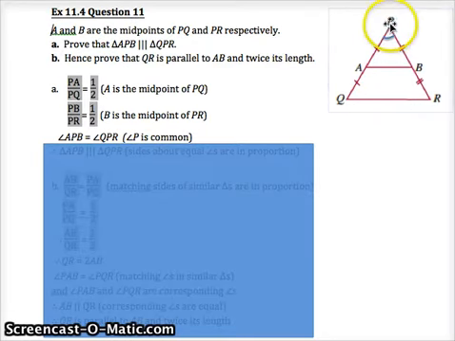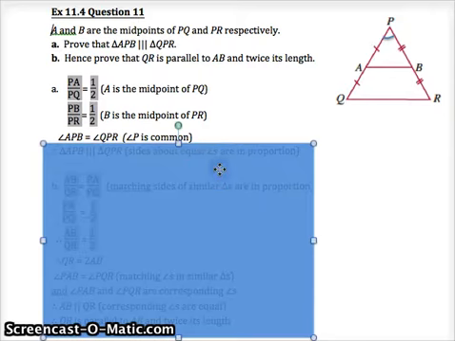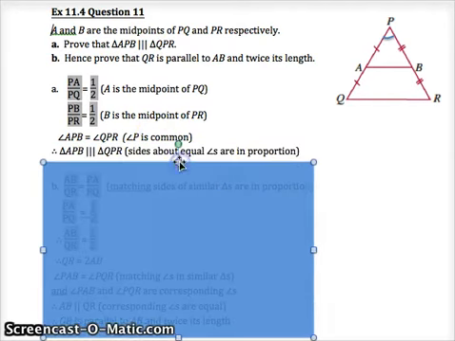We've just proven that the ratio of PA over PQ equals a half, and that the ratio of PB over PR is also a half. So these two ratios are equal, and the angle in between them, angle P, is common. So therefore we have enough to prove that the two triangles are similar. Therefore, triangle APB is similar to triangle QPR.